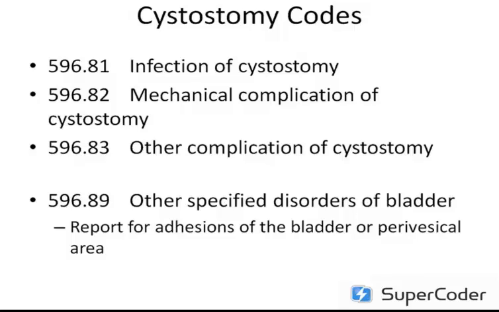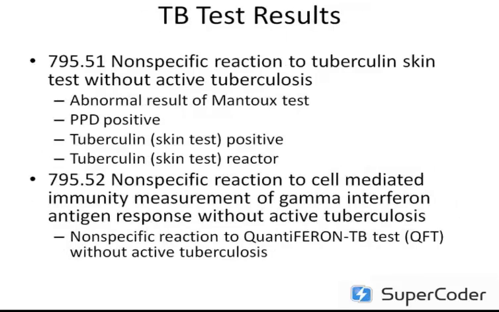It appears now that we are having an increase in tuberculosis in this country, and there are more than one type of test that can be done to test for it. Therefore, the feeling was it would be nice to know if the positive reaction to the test was due to the usual PPD or the Mantoux test, or whether it was due to the new QFT test, which is a more definitive test that's being done.